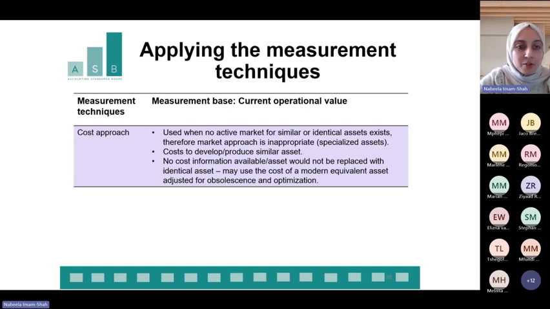The cost approach includes the costs to develop or produce a similar asset, and it's also used where no cost information is available or an asset would not be replaced with an identical asset. So here, entities then may use the cost of a modern equivalent asset adjusted for obsolescence and optimization.